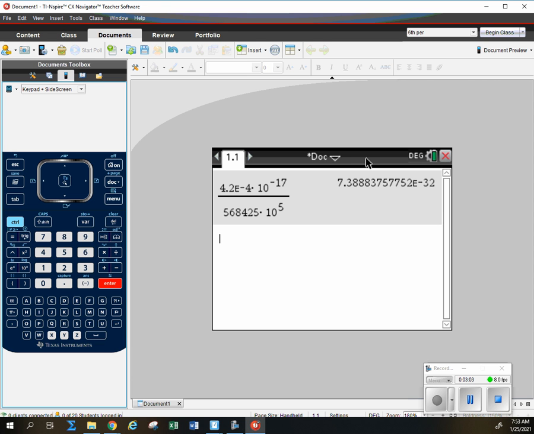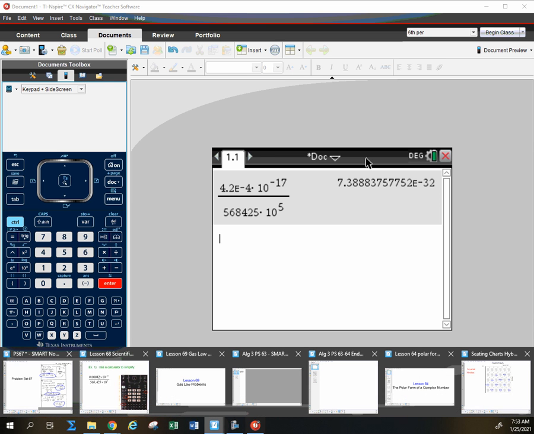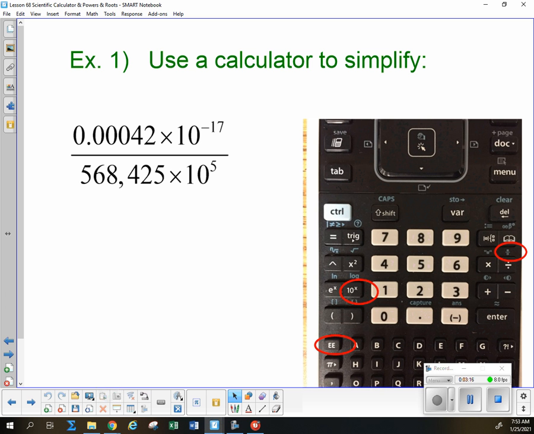So we're going to write it as x 10 to the minus 32, and we're going to round the first part so it has 3 decimal places. So 7.389. If I go back to my paper and write that down, it is approximately 7.389. Use an x for the scientific notation, 10, not an E, and then the minus 32.